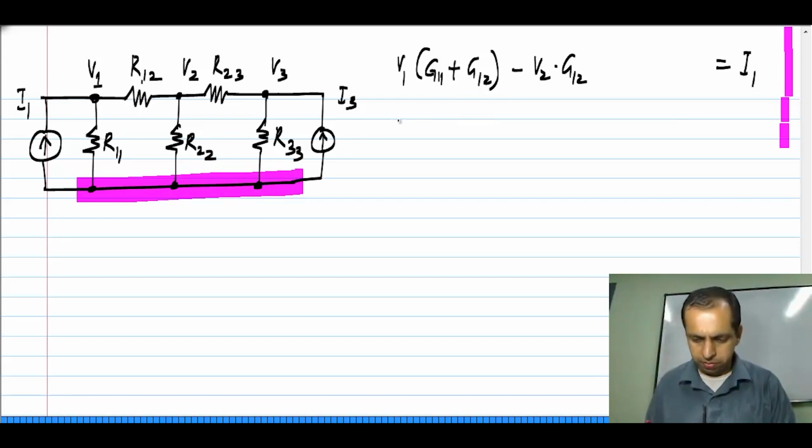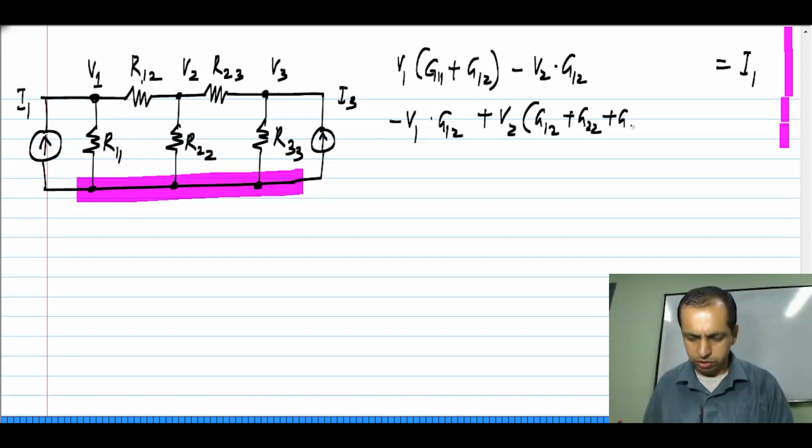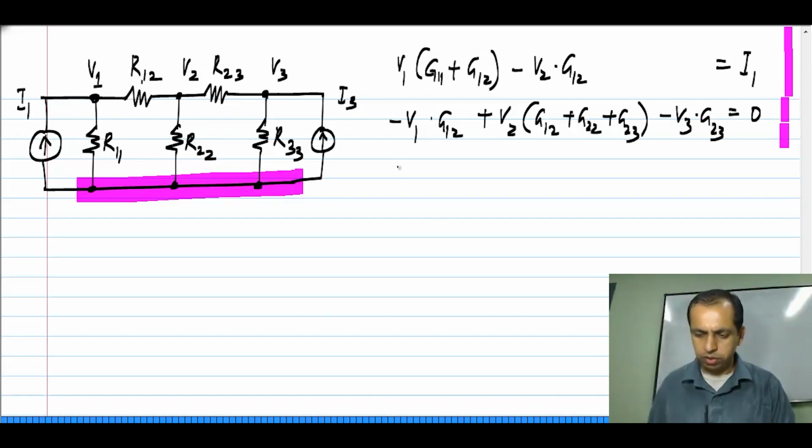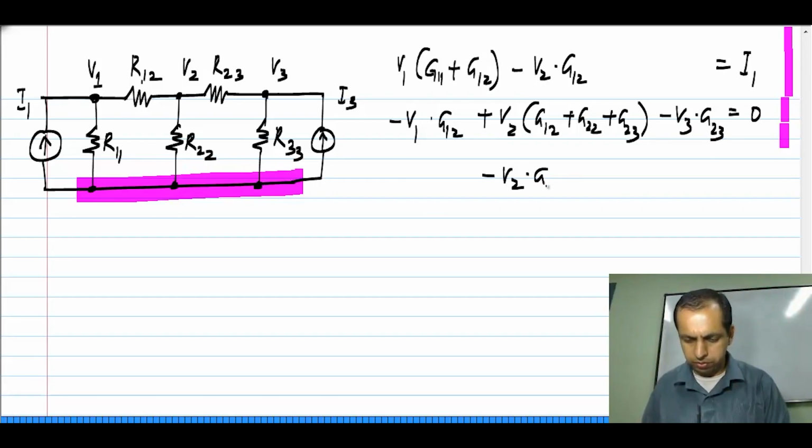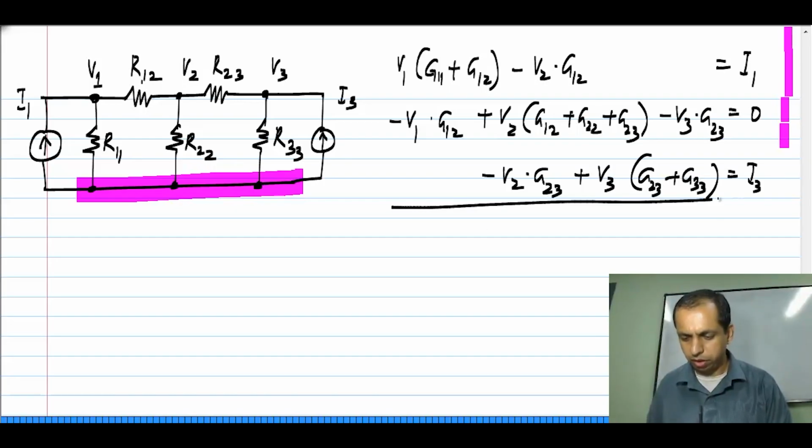At node 2, I had minus V1 G12 plus V2 times G12 plus G22 plus G23 minus V3 times G23 equals 0, and finally, at node 3 I had minus V2 times G23 plus V3 times G23 plus G33 equals I3. Okay.